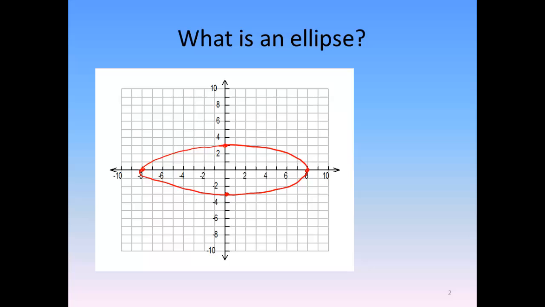What we do have is this oval shape, and so we need a way to describe how, well, the distance from this origin up and down is only 3, but if I were to go left and right, that distance is measured by 8. And so we have a formula that describes that.